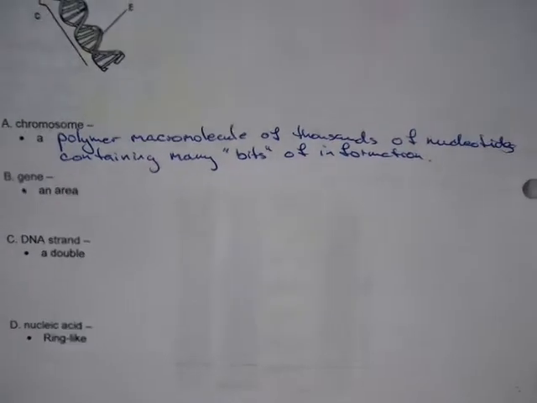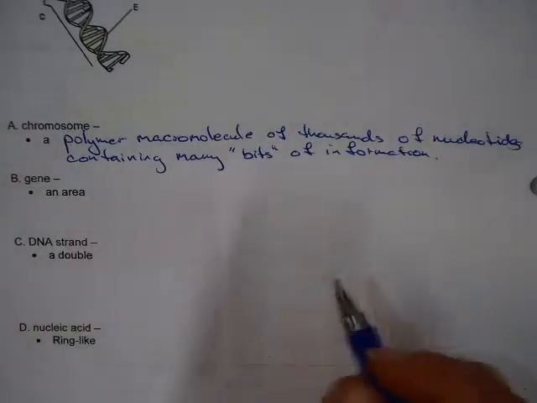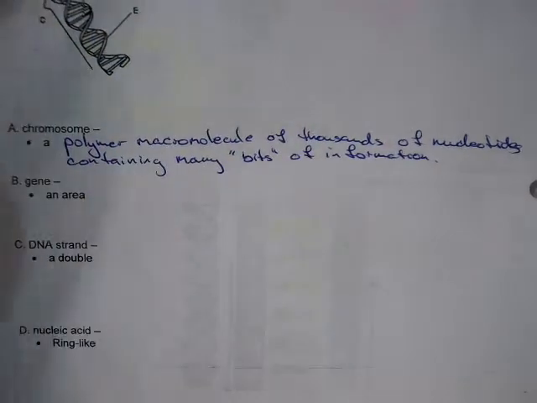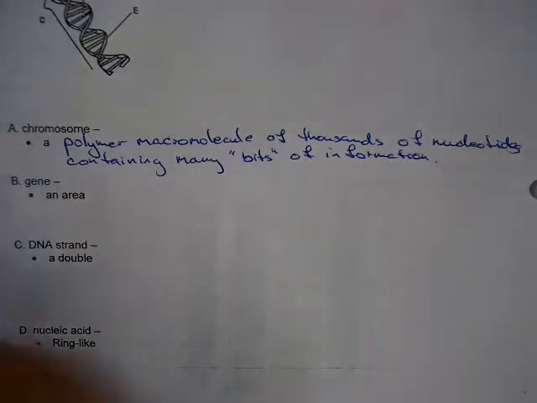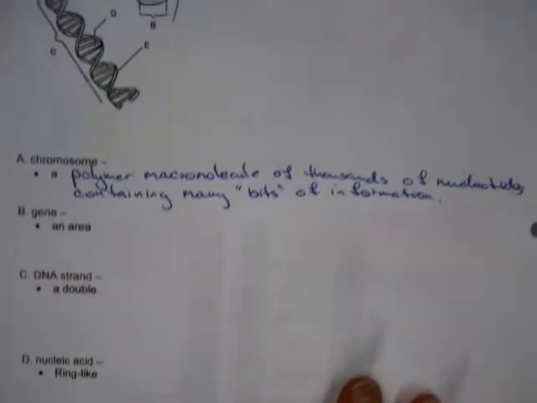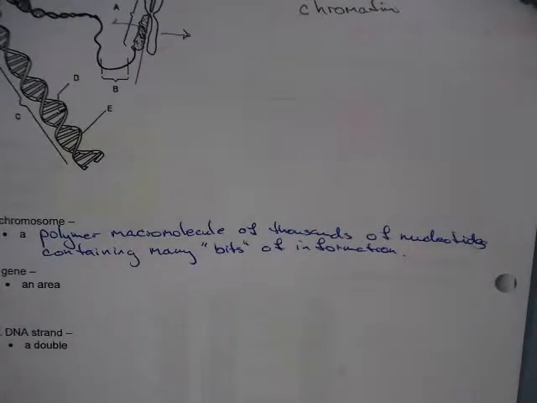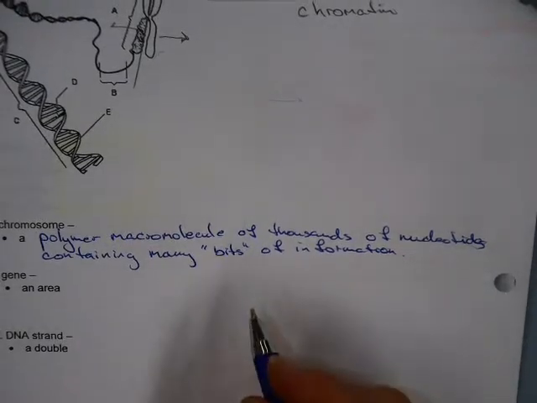Okay? So this A here refers to the A in the diagram up top. So B, this is just a section of the DNA. It's one section of the entire chromosome, and this is called a gene.